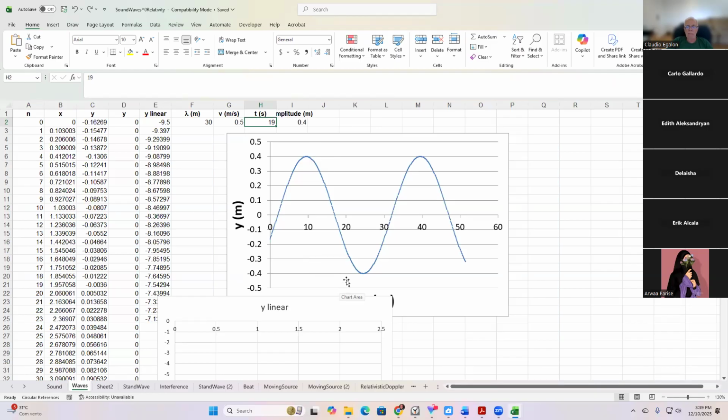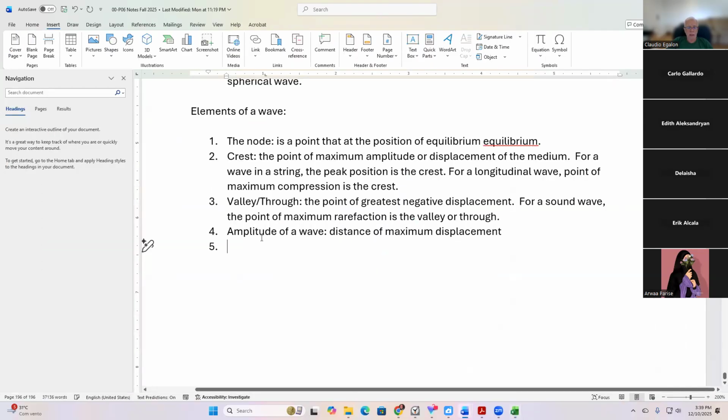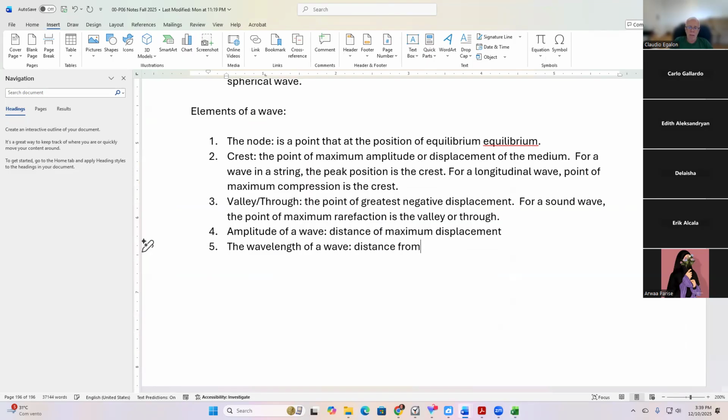Okay. We also have the distance from peak to peak. It is a very important quantity. The wavelength of a wave, distance from peak to peak. From crest to crest, right? Let's put here, from adjacent crests.